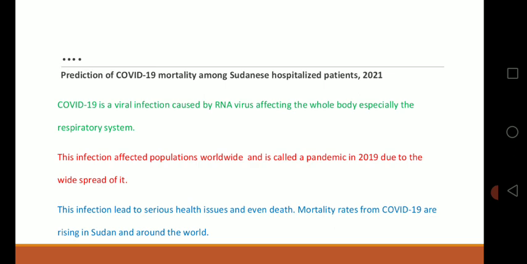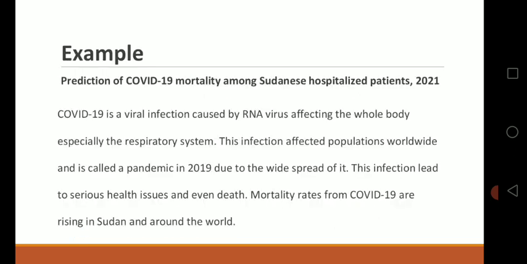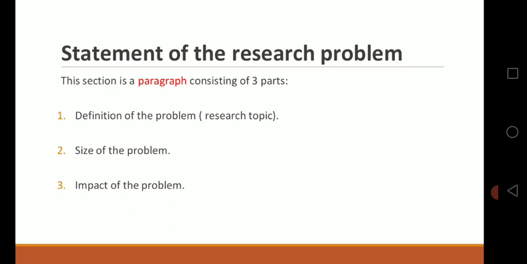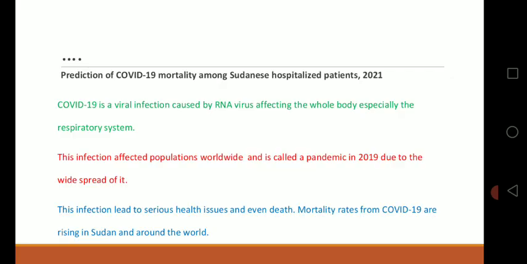Okay, then in the statement of the research problem, what do I write next? Back to my 3 parts. The third part is the impact of the problem, meaning the effect of this problem on your health system or community or whatever, depending on your study. So I said this infection led to serious health issues and even death.